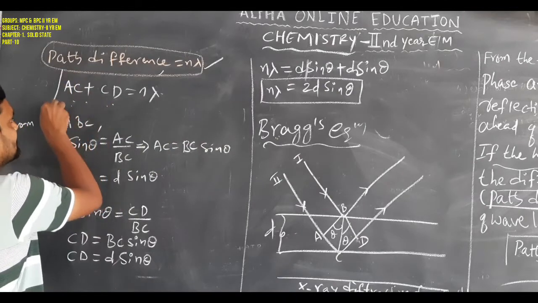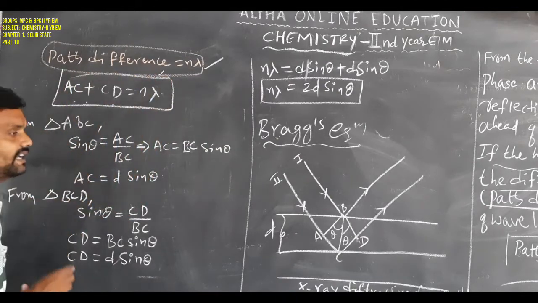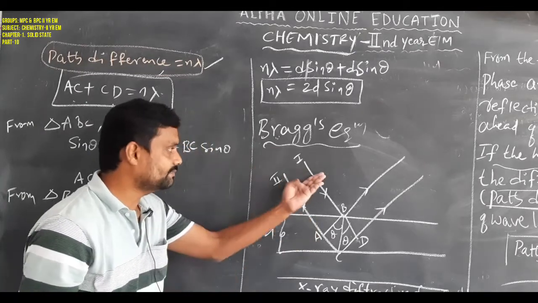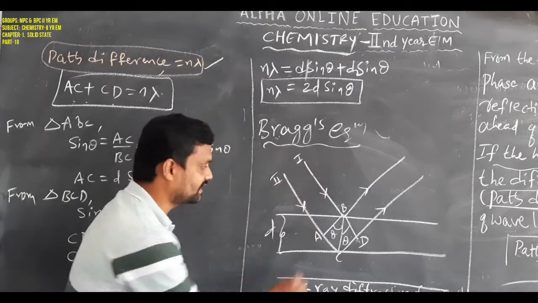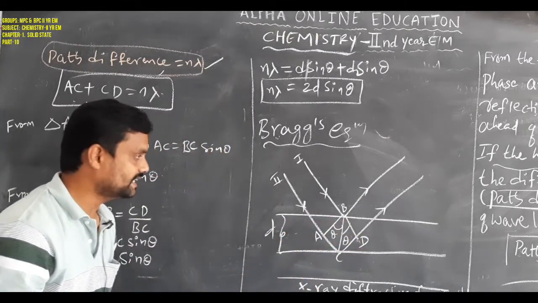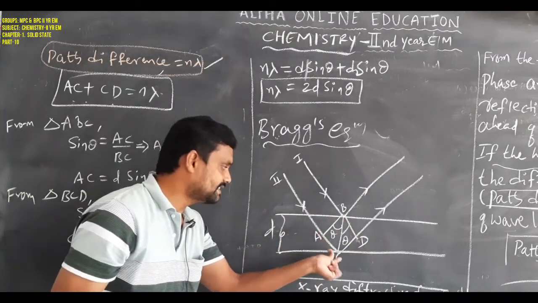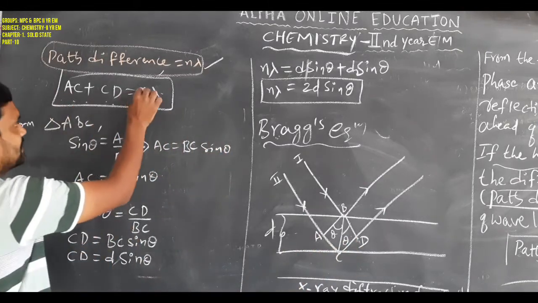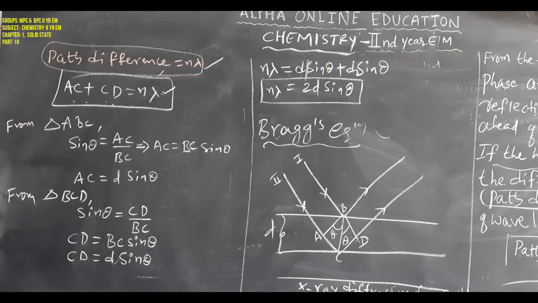AC plus CD is equal to n lambda. This is the path difference between the first beam and the second beam, calculated as AC and CD.